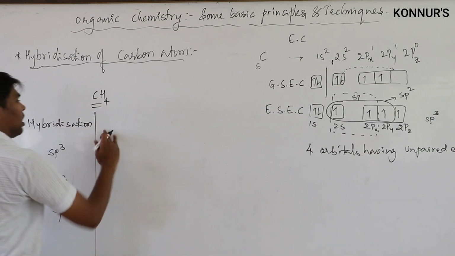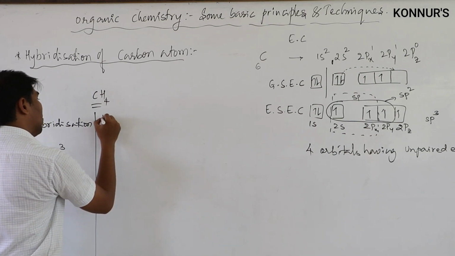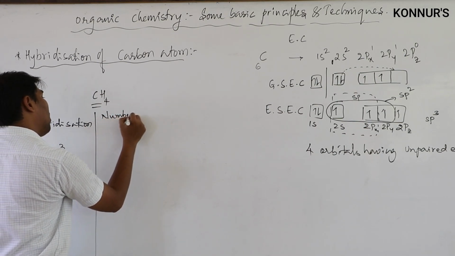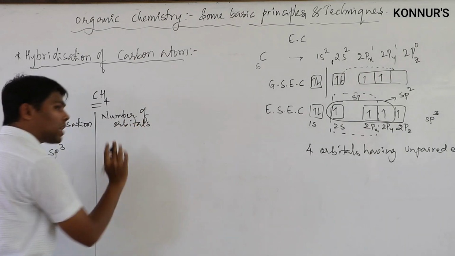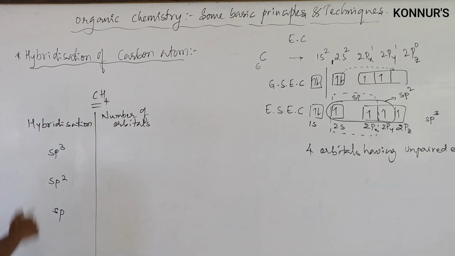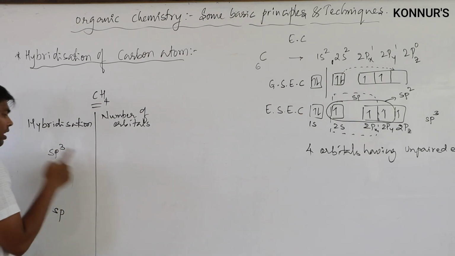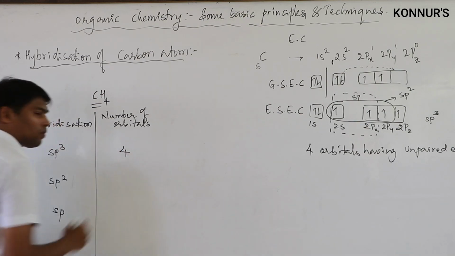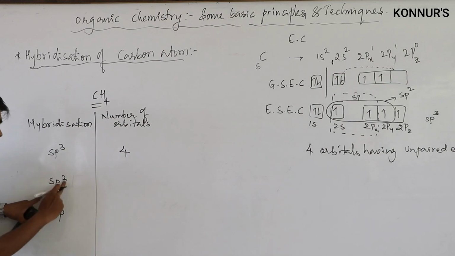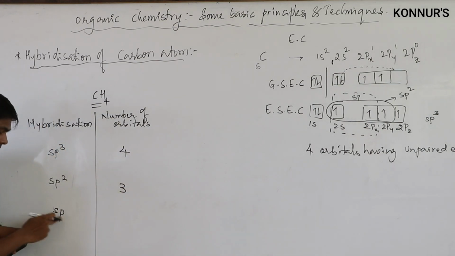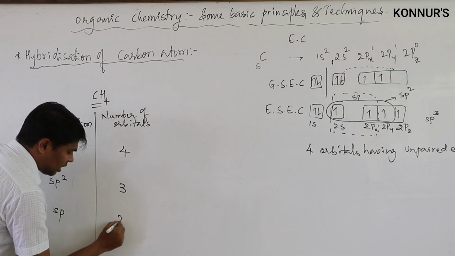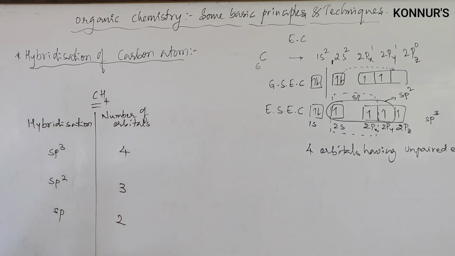Here, number of orbitals intermixed. 1s is there, 3p are there, so 1 plus 3 is equal to 4. 1s is there, 2p are there, so it becomes 3 orbitals. 1s and 1p, there are 2 orbitals.